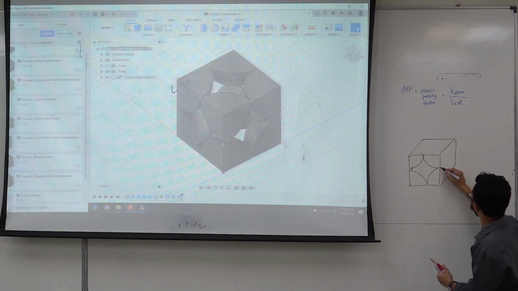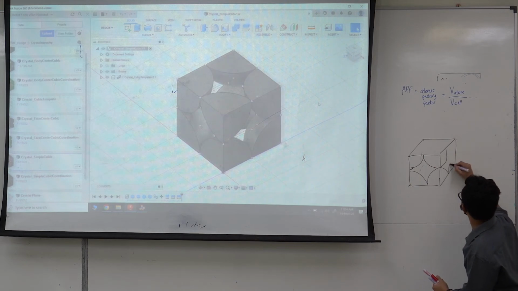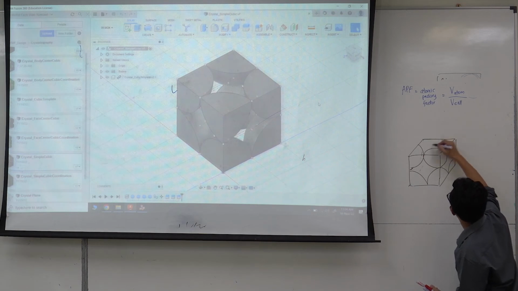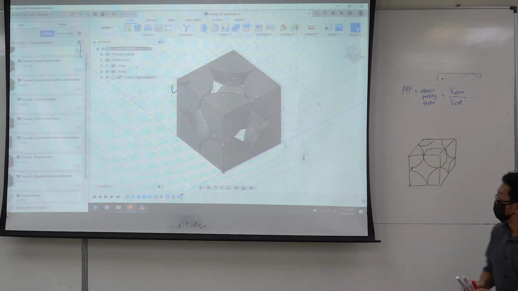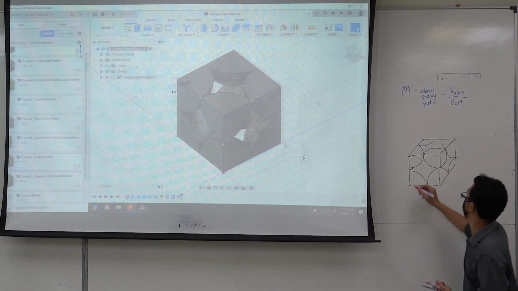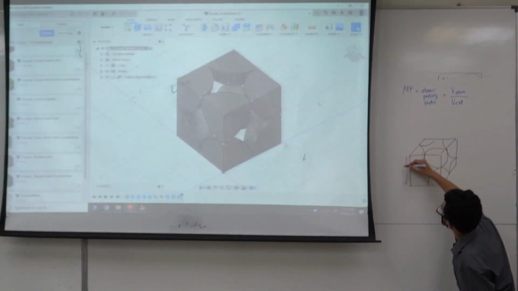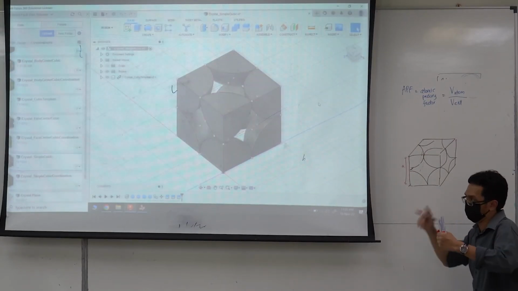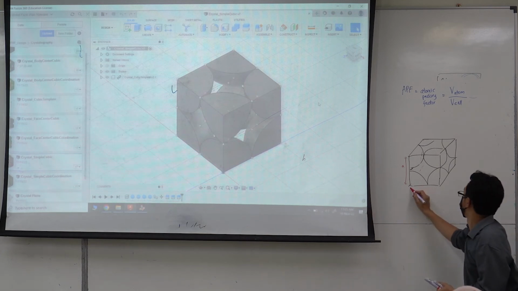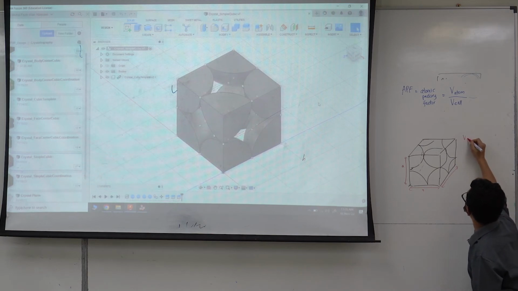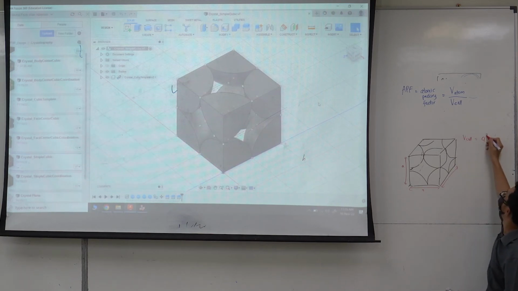In order to know the atomic packing factor, you know the volume of the cell, you know this is A. Because A, B, C are the same, the notation, we can say this is A, A. So the volume of the cell we know is A cubed.